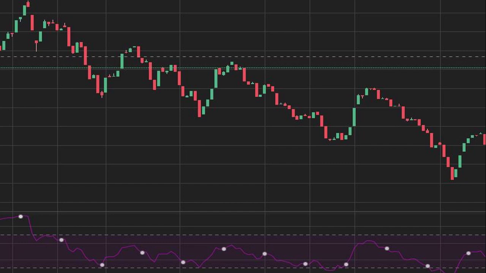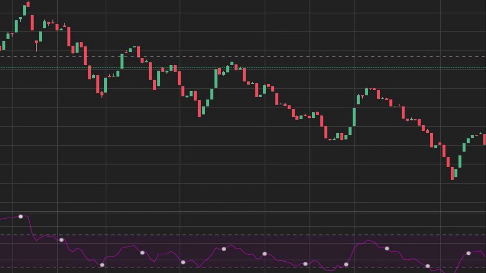And also in upward trends, when we have a powerful upward trend and the indicator line comes below the 50 line, we say the price is in the oversold zone.